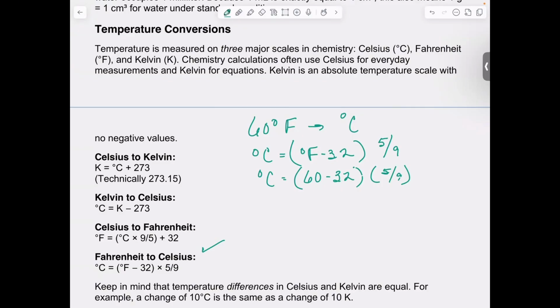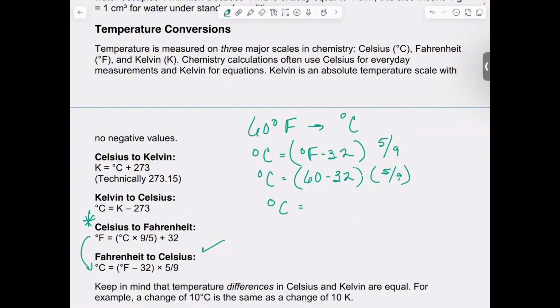If you had to memorize, just pick one to memorize and then know how to rearrange it, because this top equation right here is just moving the 32 over and multiplying both sides by 5/9 to cancel that 9/5. So bottom line is you can use algebra. If you know one, you can convert to the other one quite easily.